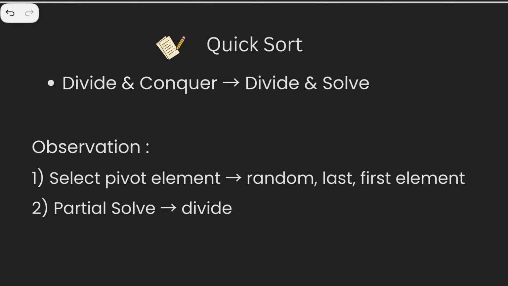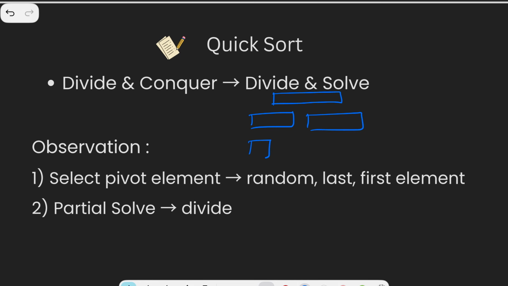Quick sort is based on divide and conquer. We have already seen a divide and conquer algorithm, that was merge sort. So what is divide and conquer? Given an array, you are going to divide it further into smaller sections, right? So this is the portion of divide, and there is something called merge.